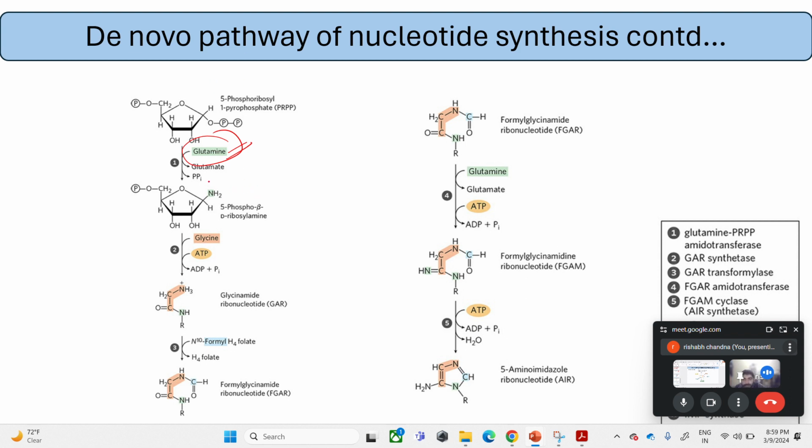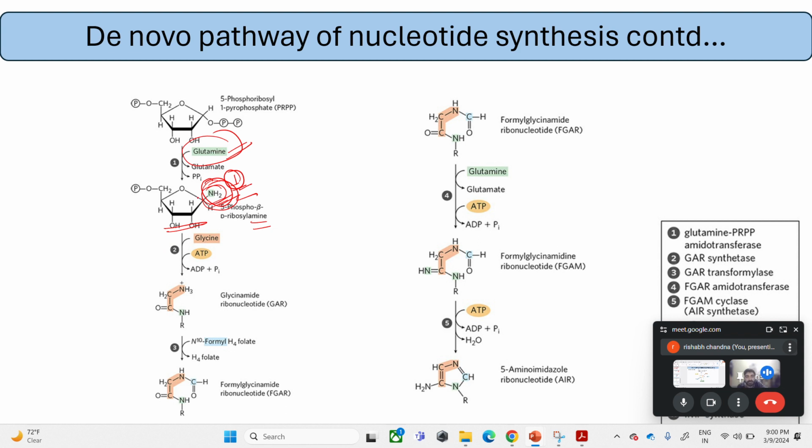Here it forms a nitrogen, which is the first nitrogen that I can see. We'll see later what number of nitrogen it will form. The amide group nitrogen is attached to the ribose 5 phosphate moiety, forming 5-phospho-beta-D-ribosylamine, because this is the amino group, so it is named as an amine of this moiety.